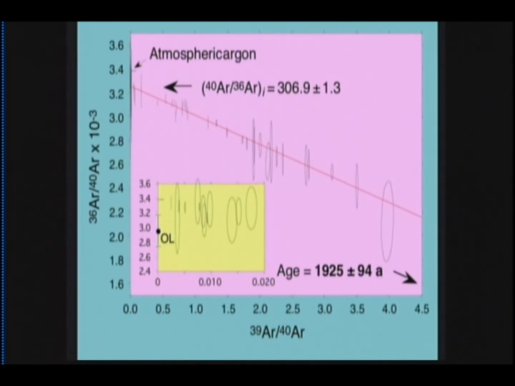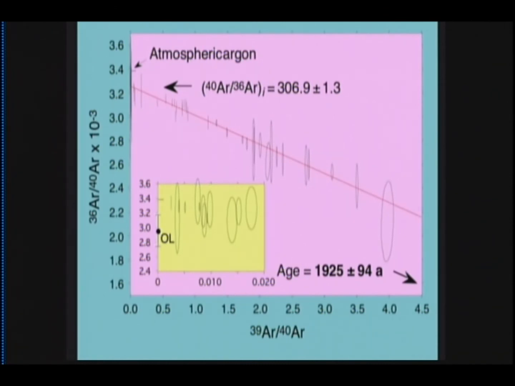So this was a little bit of a surprise, because people are not really used to seeing excess argon, which is what this is called, in sanidine. And so to test this, we actually separated olivine from this flow and analyzed the olivine, not irradiated, because olivine has no potassium, right?